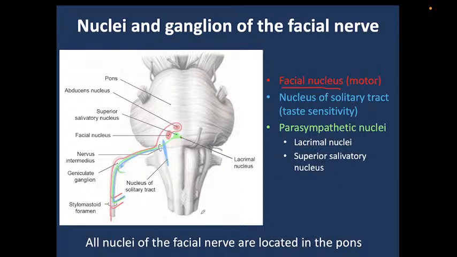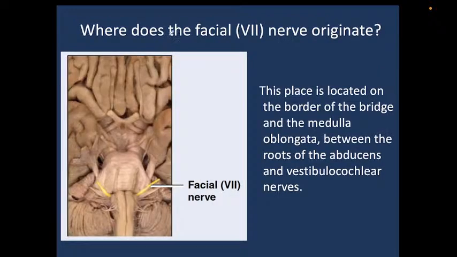And all nuclei of the facial nerve are located in the pons. This is part of the brainstem, and the facial nerve is the nerve of the pons.